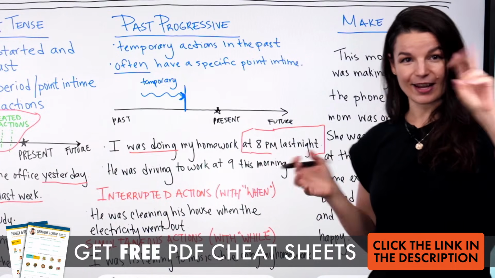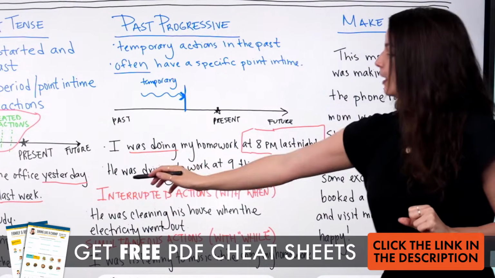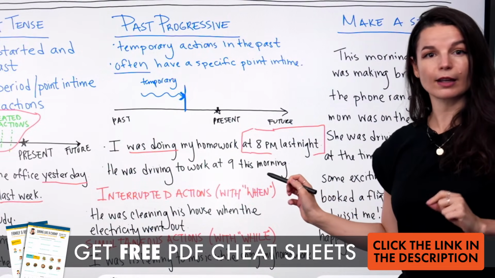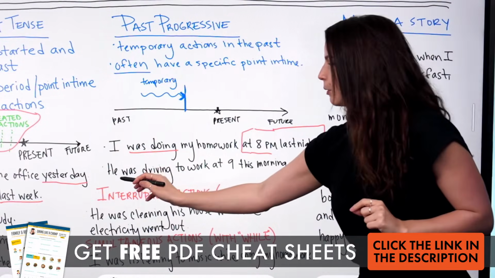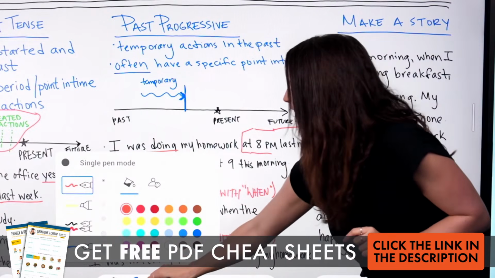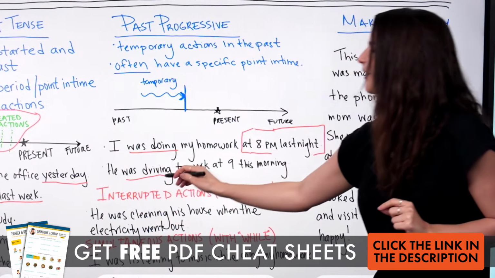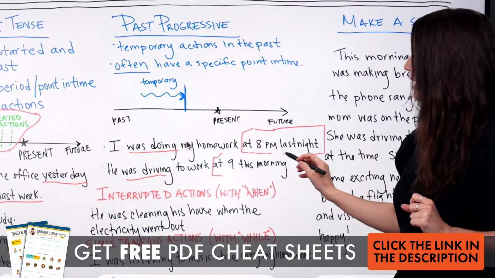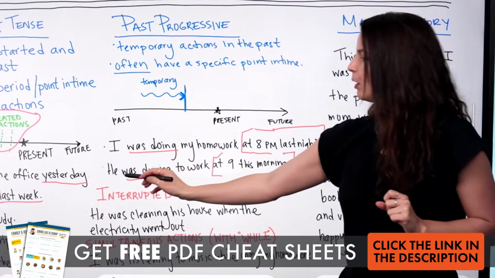Let's look at the second basic example. He was driving to work at 9 this morning. Here we have, where'd my pen go? He was driving to work. I want to write a red line. There we go. Okay, he was driving to work at 9 this morning. Same idea here. We have was driving.